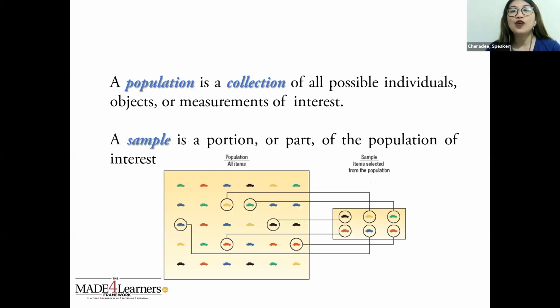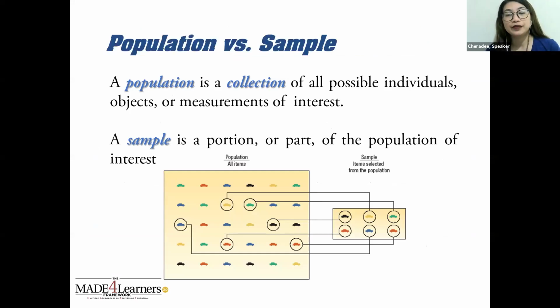Next. Now, this one is also included in our activity. I want you to be able to determine the difference between population and sample. Okay, now what is the difference between the two? It's very easy to remember. Population is basically the collection of all possible individuals, objects, or measurements of interest.